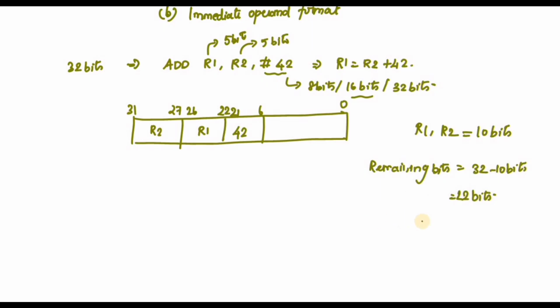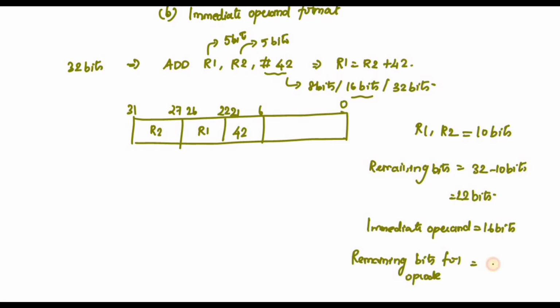So out of 22 bits, 16 bits are for the immediate operand. What is the remaining for the opcode? 22 minus 16 is 6 bits.